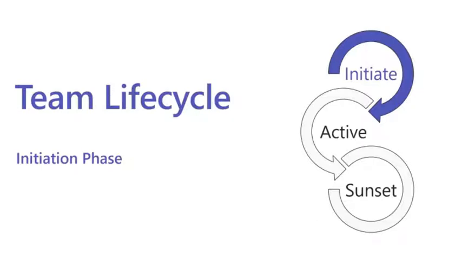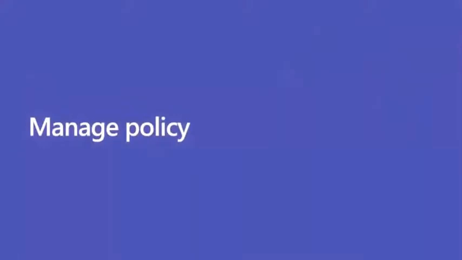Now you can have ongoing teams, for example, a staff team, but a lot of teams will typically have a start, in progress, and then a conclusion. But you can, of course, have teams that last indefinitely across many, many years, or as long as you choose to use them for.